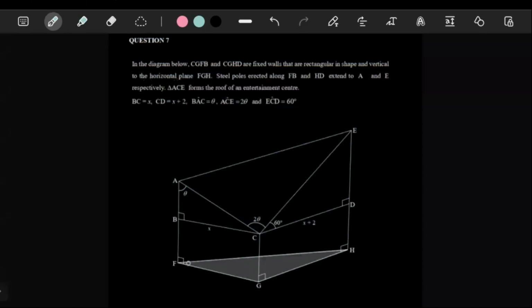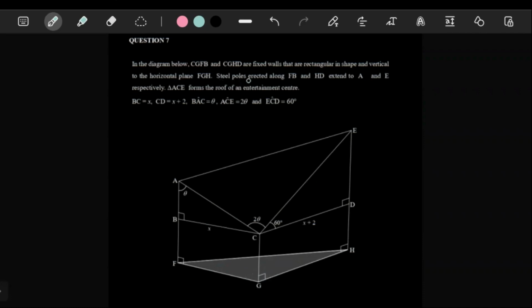Hence you see these 90-degree angles there. And then they said FGH. Whichever way, they told us these are 2 walls, right? And they're vertical to this horizontal plane, which is FGH. So FGH is like the ground.